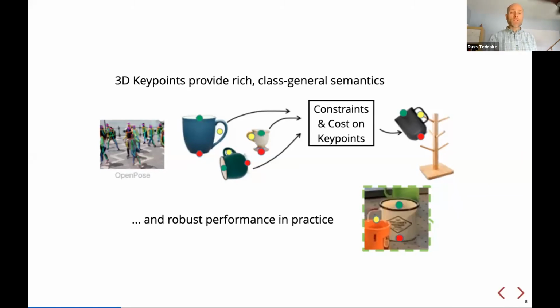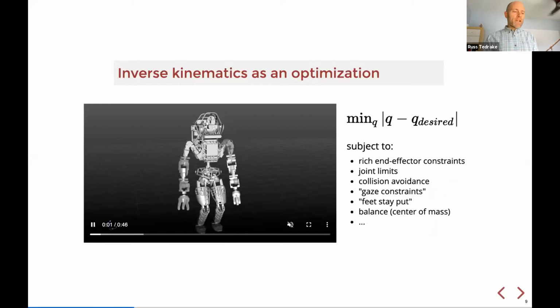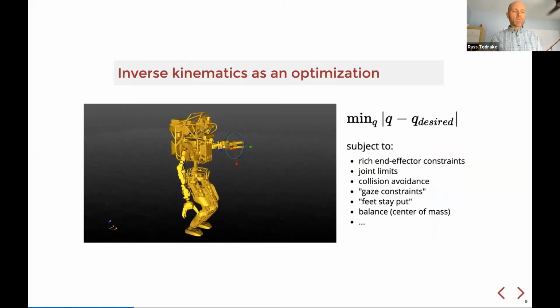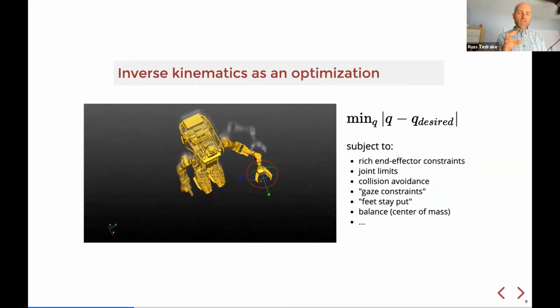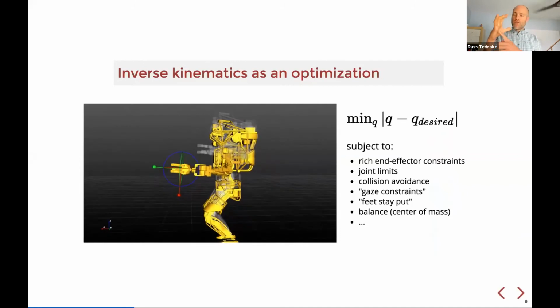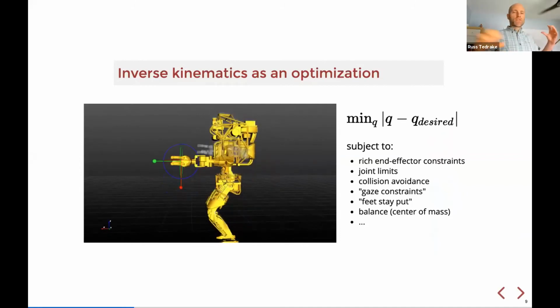And of course, key points work very well in practice. So you have to play to your strengths in that sense. This observation came at the time where we had just finished the DARPA Robotics Challenge, and we had built up a pretty strong library for inverse kinematics, thinking of it always as an optimization. We were dragging Atlas around by its hands, but also programming tasks for Atlas's hand, saying, for instance, you want the palm of your wrist to be normal to the entire surface you're about to grab.